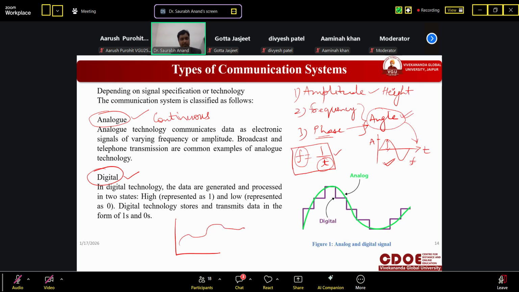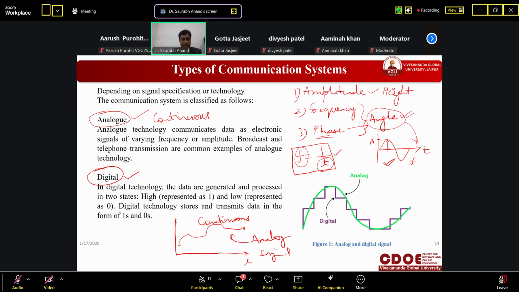There is no fixed shape of any signal, it depends upon the information that it contains. It starts from this point and ends at this point, so it is continuous, and it shows the analog signal.